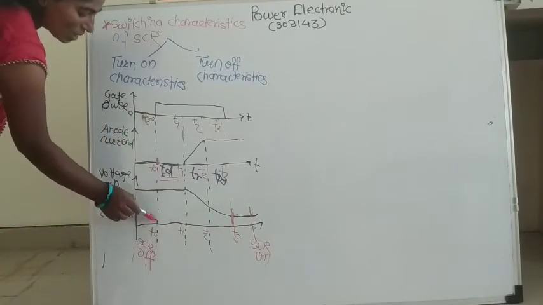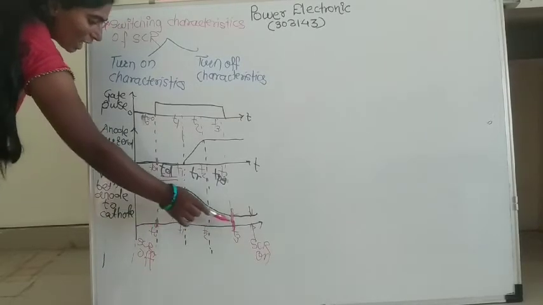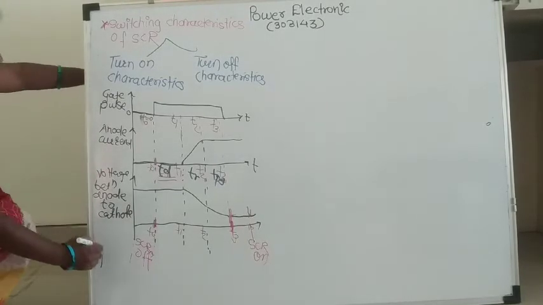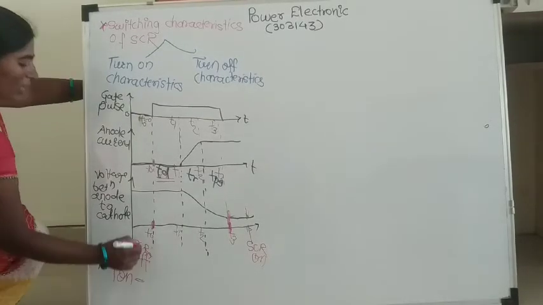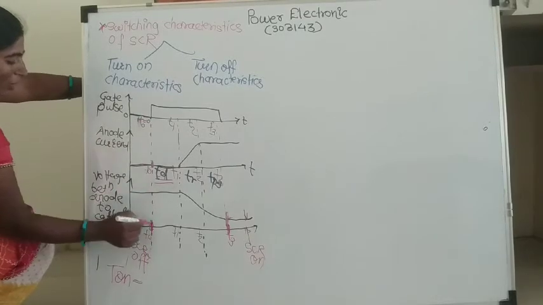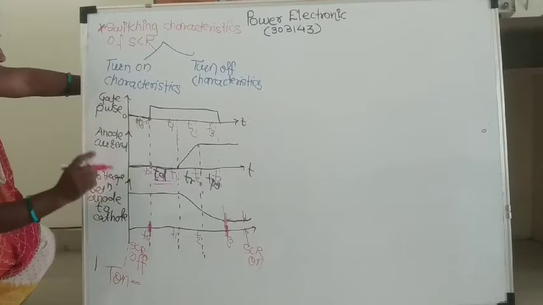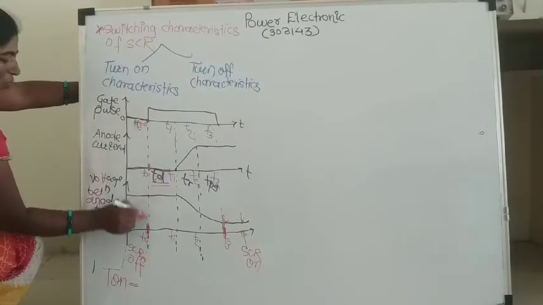Now from this timing to this timing, this is the time required to turn on the SCR. Means we can say that turn on time, that is T on, will start from this point called t is equal to 0, because gate pulse is actually applied at this point. Hence your SCR turn on time actually starts from this point.